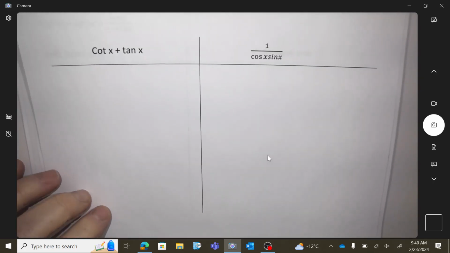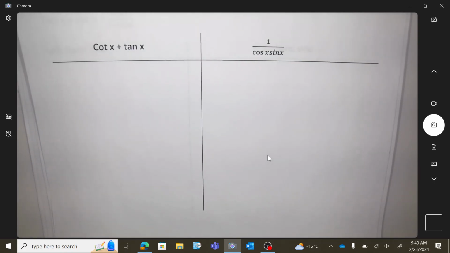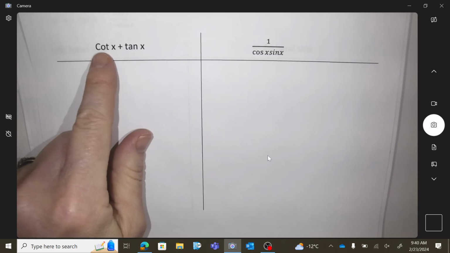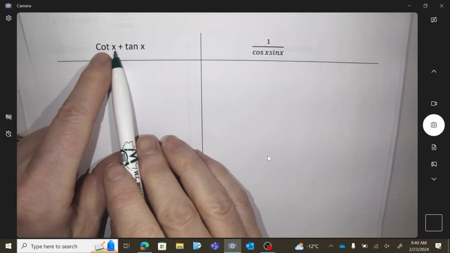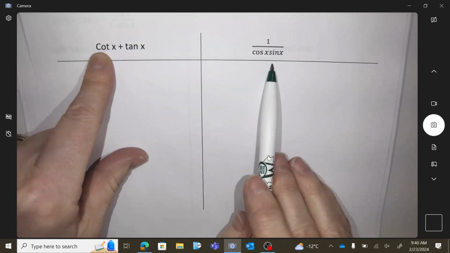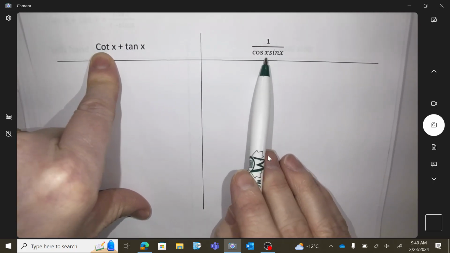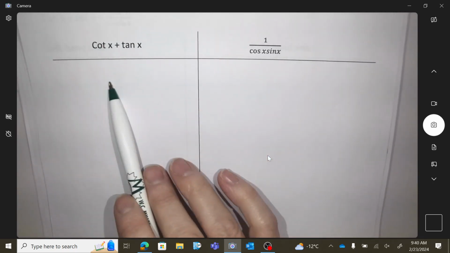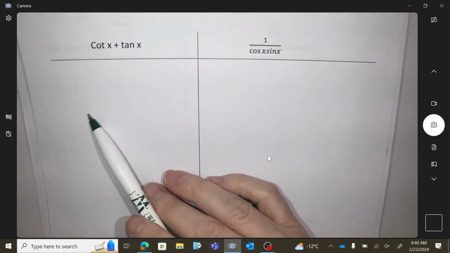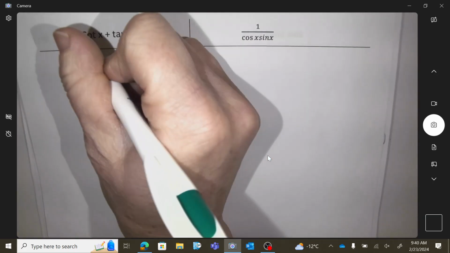Okay. Which side is your instinct pointing you towards? This side, yeah. Okay. When I look at all these and I kind of peek over to the other side, there's just coses and sines. So could you do some substitutions here that end up with just anything with coses and sines?